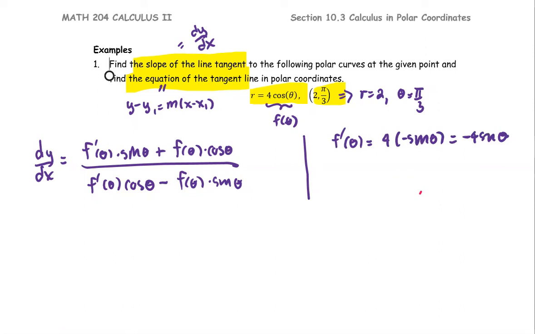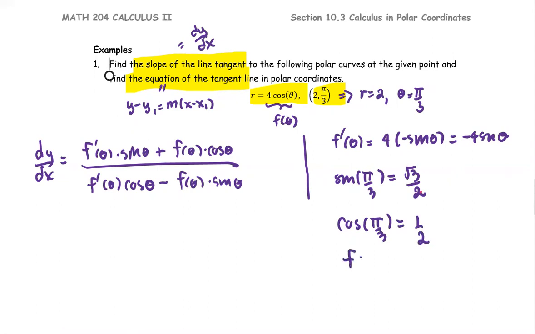To make it less complicated, we're going to substitute, since we know the angle theta is pi over 3. Sine of pi over 3, which is sine of 60 degrees, is square root 3 over 2. The cosine of pi over 3, or the cosine of 60 degrees, is 1 over 2.